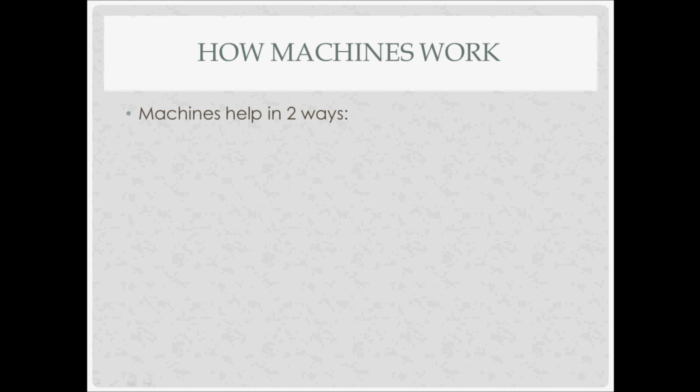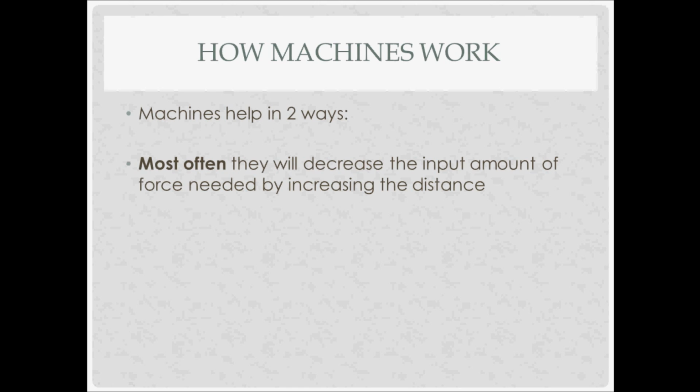So how machines work. They're very helpful in 2 ways. Most often, a machine will decrease the amount of force that you have to put in to getting an object moving. This is especially helpful with very heavy objects, say something you wouldn't be able to lift on your own.